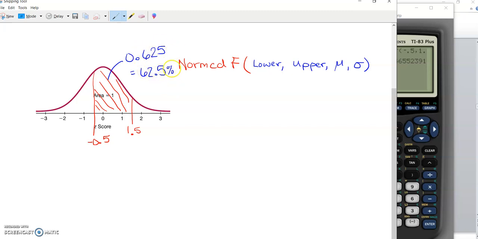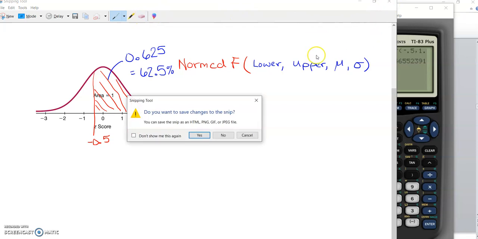They might want the probability or the percentage. So that's the difference between what we're doing now and the empirical rule. With this, I can literally do this for any kind of region I want, any region at all.